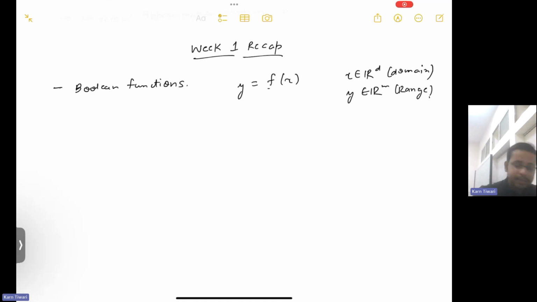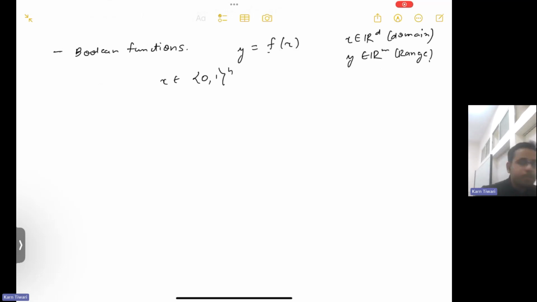In the Boolean case, x can only take the values 0 and 1, not 0 to 1 exactly. It can take either 0 or 1, out of the two only. And the output in the simplest case also belongs to {0, 1}.